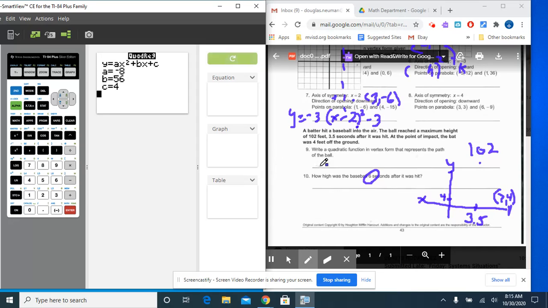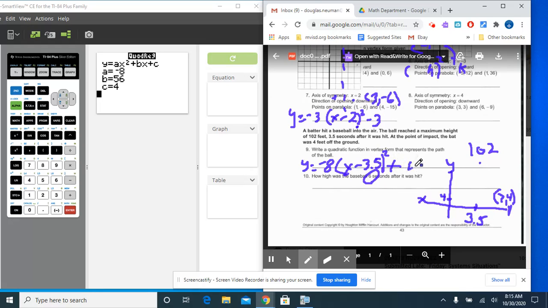So -8, that's what I was looking for in vertex form, because here's the vertex, 3.5, 102. So I have y equals -8, and then parentheses x minus 3.5 squared plus 102.